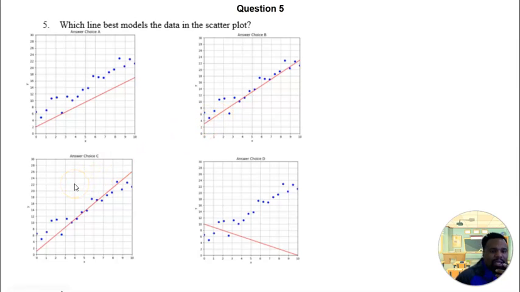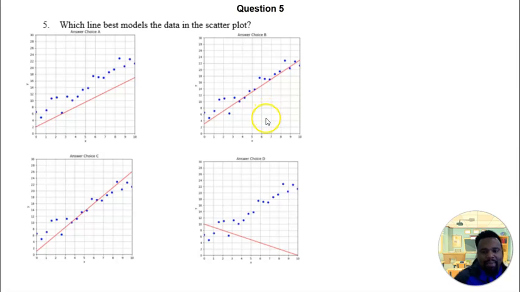C is also relatively close, but if you look closely, look at these points here. Look at graph B versus graph C. If I had to go based on my trend, there could be another point there. Your line of best fit wants to start right close to your point here. This is a little bit below, so it's not quite in the middle as graph B is.